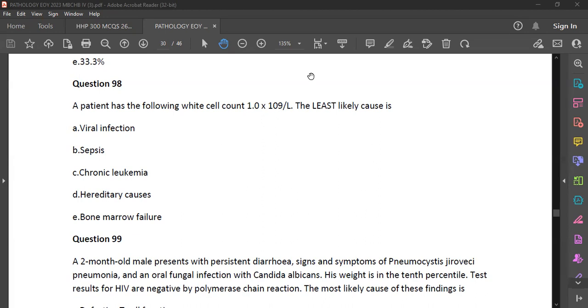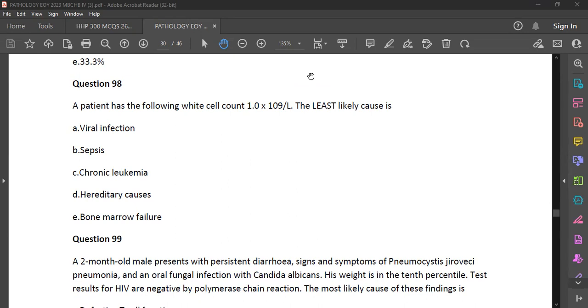They're nonfunctional, yes, but you're going to have high levels of these blood cells. So the most correct answer here is going to be chronic leukemia. If you just check your ranges for white blood cells, it's going to be really high in cases of leukemia.